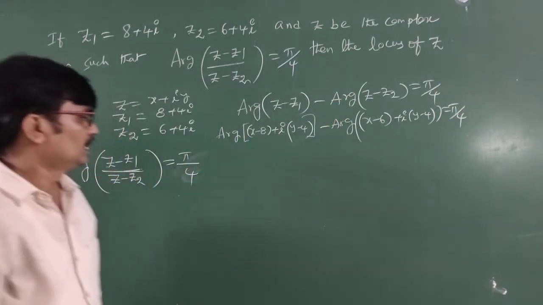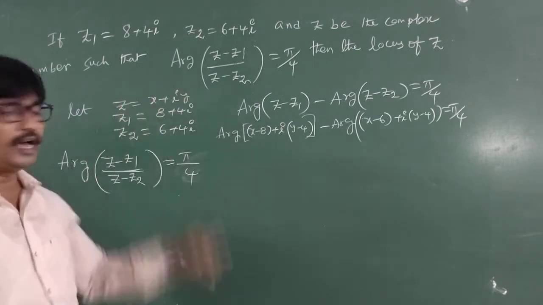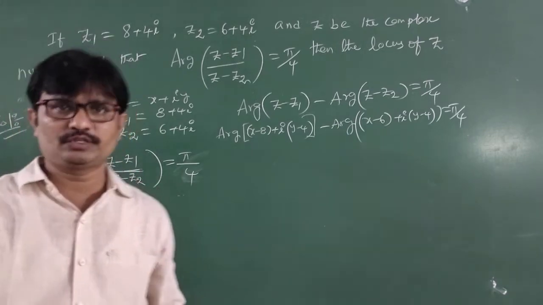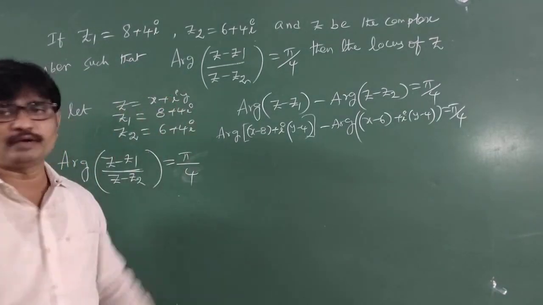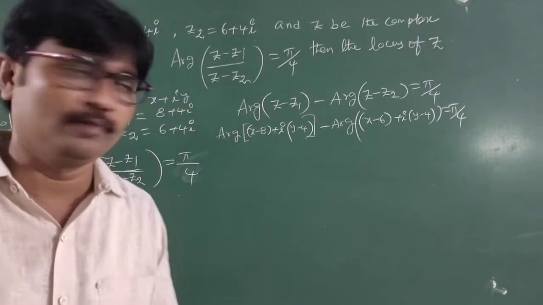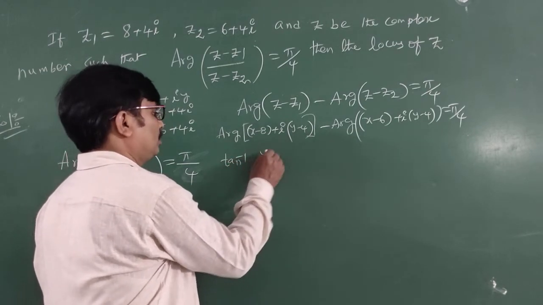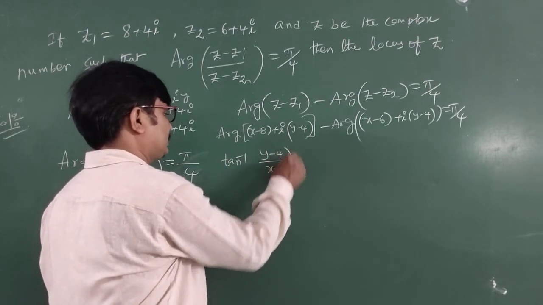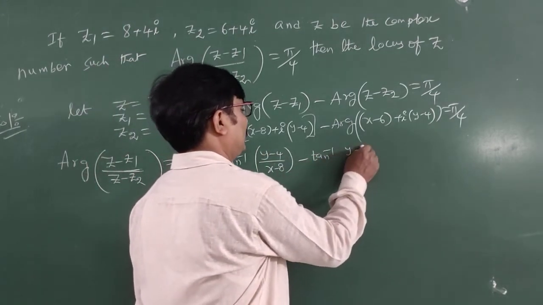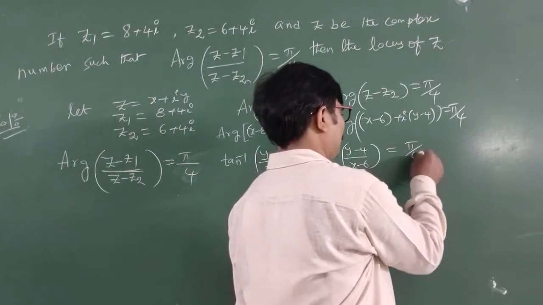Now students, if z is x plus iy, the argument of z is tan inverse of y by x. So this is tan inverse of (y minus 4) by (x minus 8) minus tan inverse of (y minus 4) by (x minus 6) equal to pi by 4.